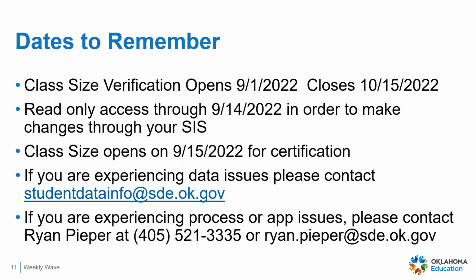No, the errors in the student are directly related to their course section, their enrollment into rosters or class sections, according to Ryan. So you might want to go in and look at their schedules and make sure they're scheduled correctly. And then if you're still having errors, reach out to Ryan Piper and ask him how further to troubleshoot that.